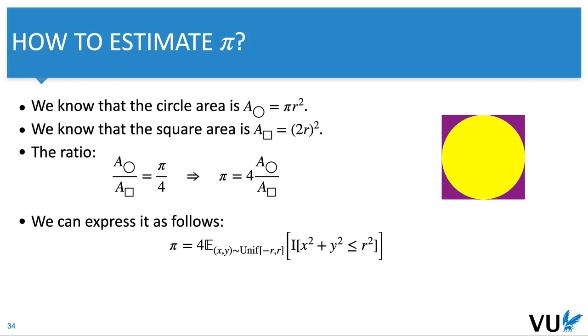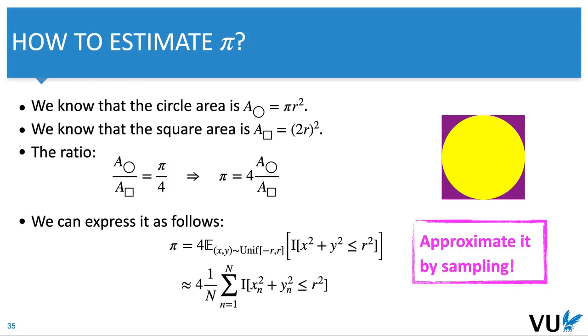So we know that it hits the circle if x squared plus y squared is smaller or equal than the radius squared, okay? So this in the bracket, this big I, is the so-called indicator function, and it is 0 if this x squared plus y squared is larger than r squared, and 1 if this is not the case, so if the point hits the yellow circle.